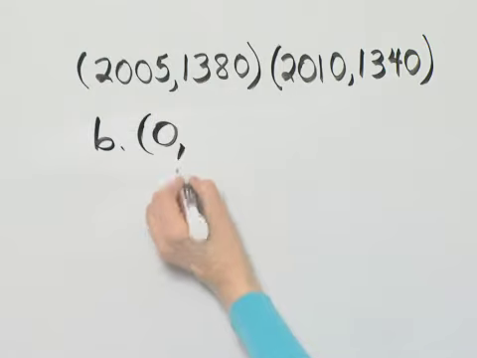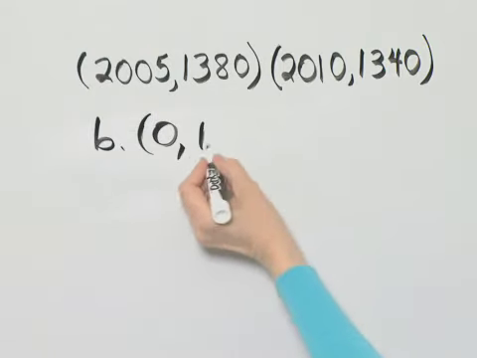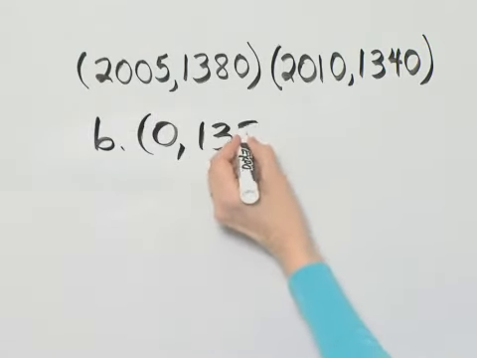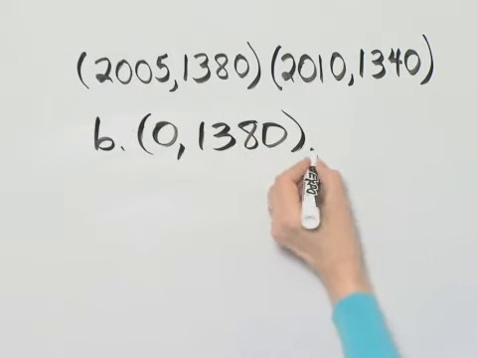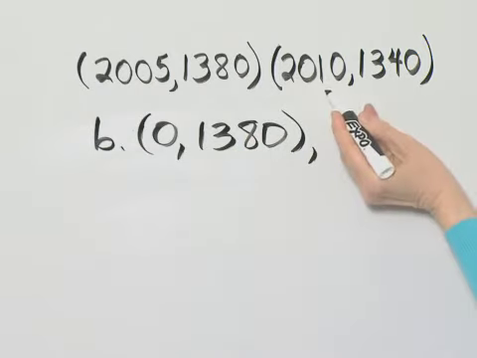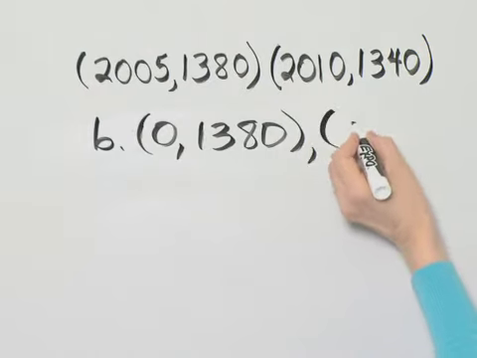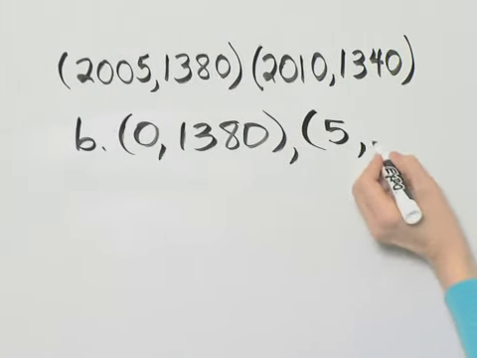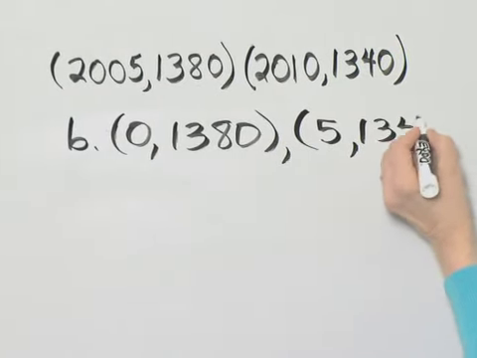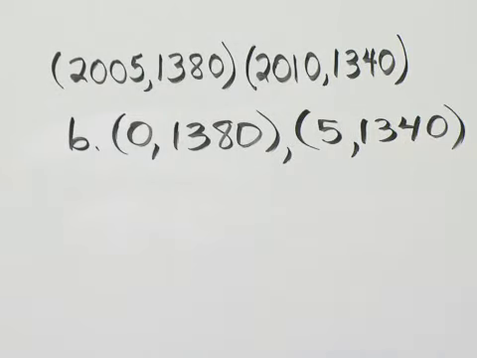That's 0 years, and there we have the tickets sold in millions. Here again, how many years past 2005? Well, it's 2010, so that's 5 years past 2005, and tickets sold 1340. Once again, that's in millions.